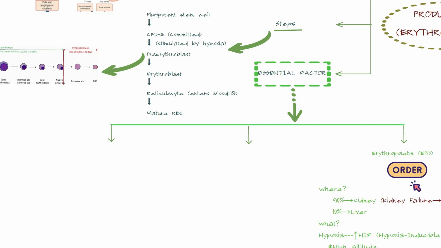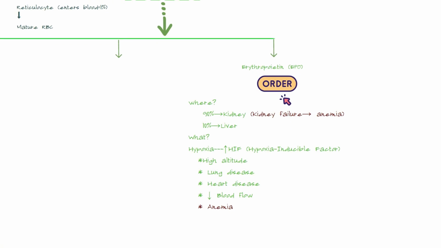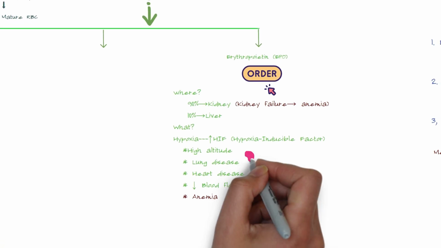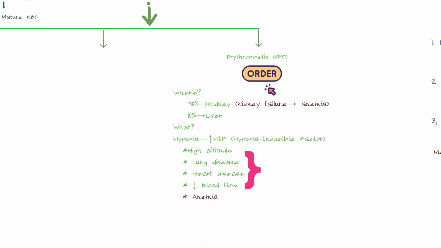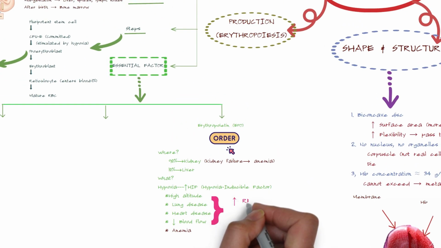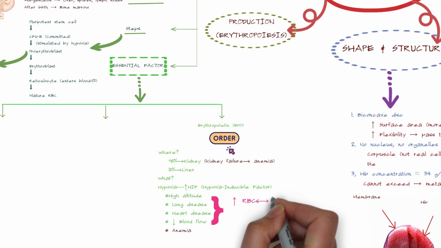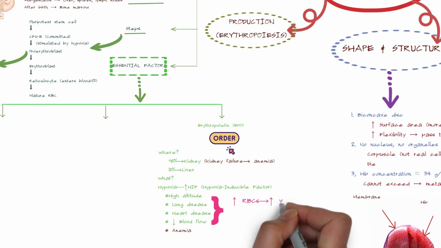First, high altitude with low atmospheric oxygen; lung disease, low oxygen entry; heart disease, low oxygen pump; reduced blood flow, low oxygen transport; anemia, low oxygen carrying capacity. It is important to note that whether we are talking about high altitude, lung, heart, or blood flow, each is a contributor or cause of hypoxia.